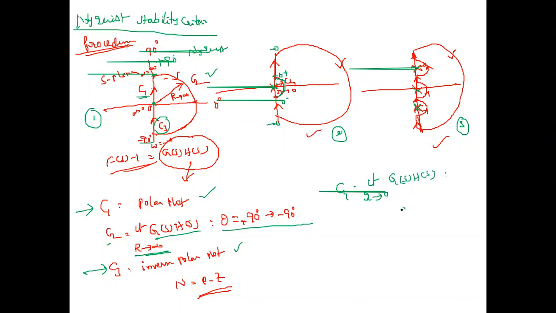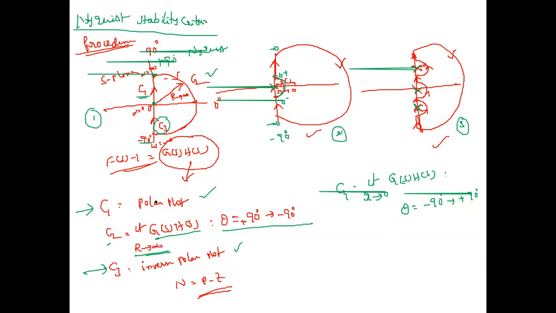For this, theta varies from minus 90 degrees to plus 90 degrees. We see the effect and the resultant for these theta values, and substitute to get the C4 contour mapping.